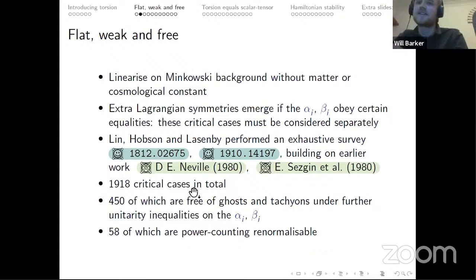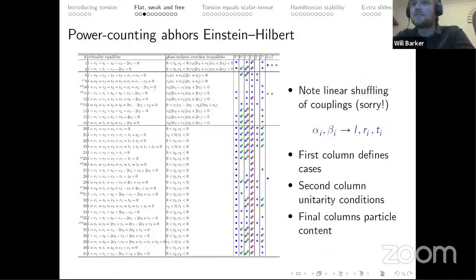Of those 2,000 cases, it turns out that 450 of them can be made to be unitary if those couplings obey certain other equalities or inequalities. And then nearly 60 of those apparently are power counting renormalizable. So this is a good start. We'll take a subset of those 60 theories and then see are they actually interesting.